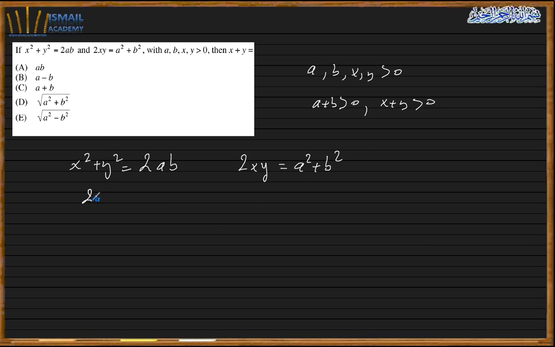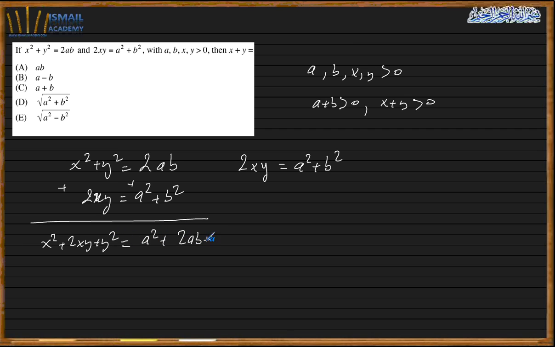Now, if I do 2xy equal a squared plus b squared, and I add those two, I get x squared plus 2xy plus y squared equal a squared plus 2ab plus b squared. And this is a perfect square, which is x plus y squared equal a plus b squared.